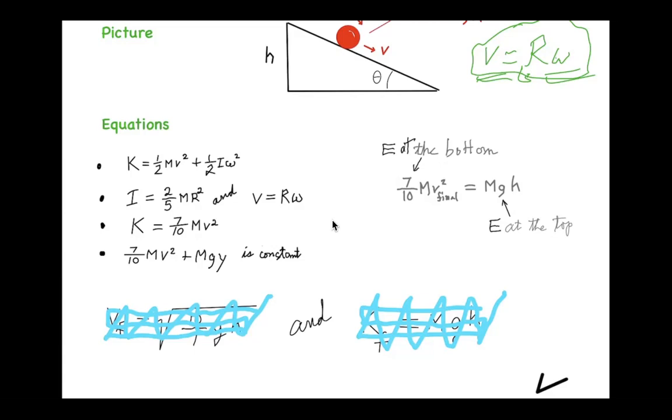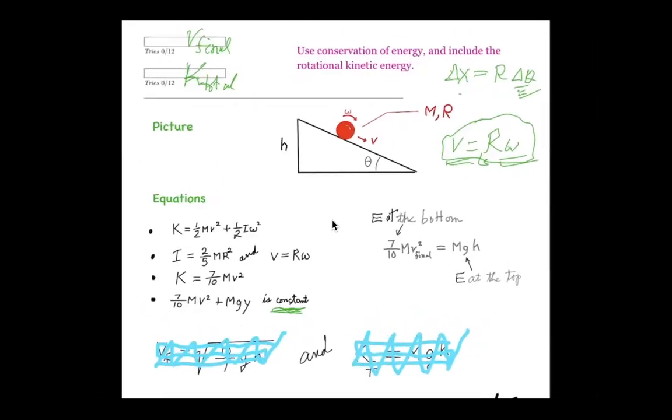So we can say 7 over 10 mv squared plus mgy is constant. 7 over 10 mv squared is the total kinetic energy. mgy is the total potential energy, just the gravitational potential energy, where it has a height y. And that's a constant. So we have various equations here. One thing they want to calculate is the speed at the bottom, v final.